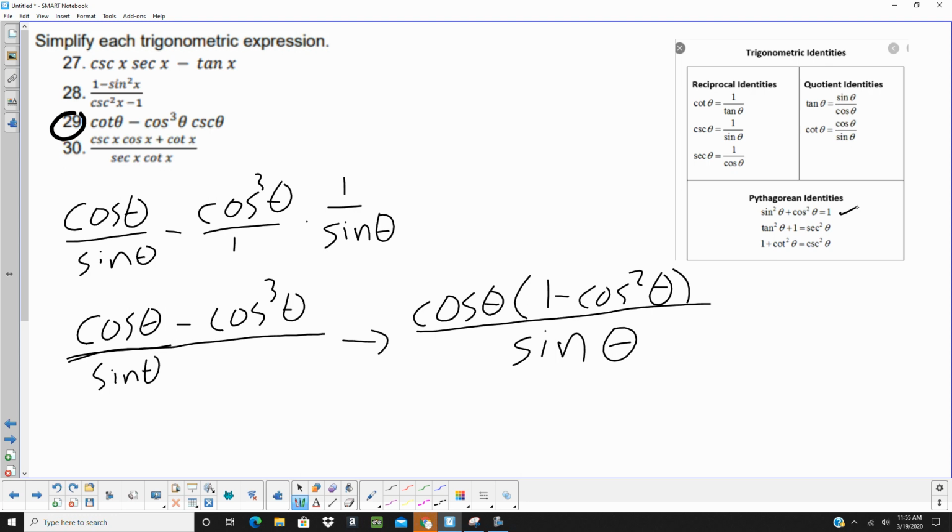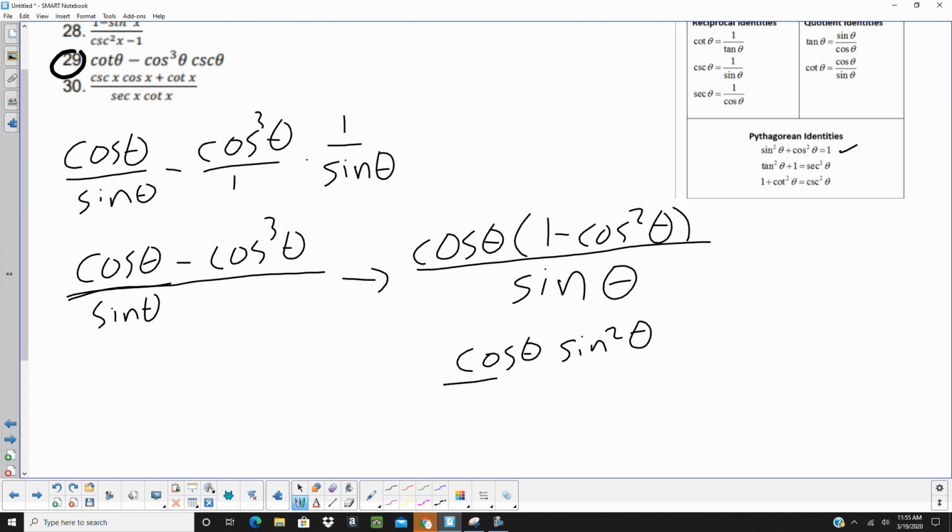So I'm going to have cosine theta times sine squared theta over sine theta. Looks like one of those sine thetas is going to cancel out, and I'll be left with cosine theta sine theta.